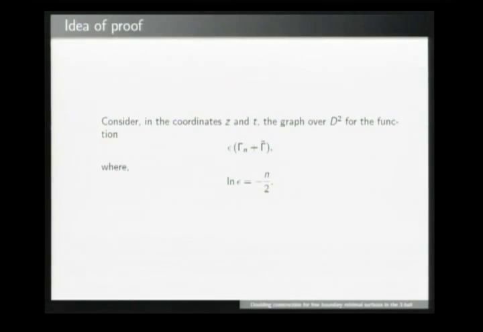So in the case of the Clifford torus, log epsilon was like n squared, but in this case log epsilon is like n.